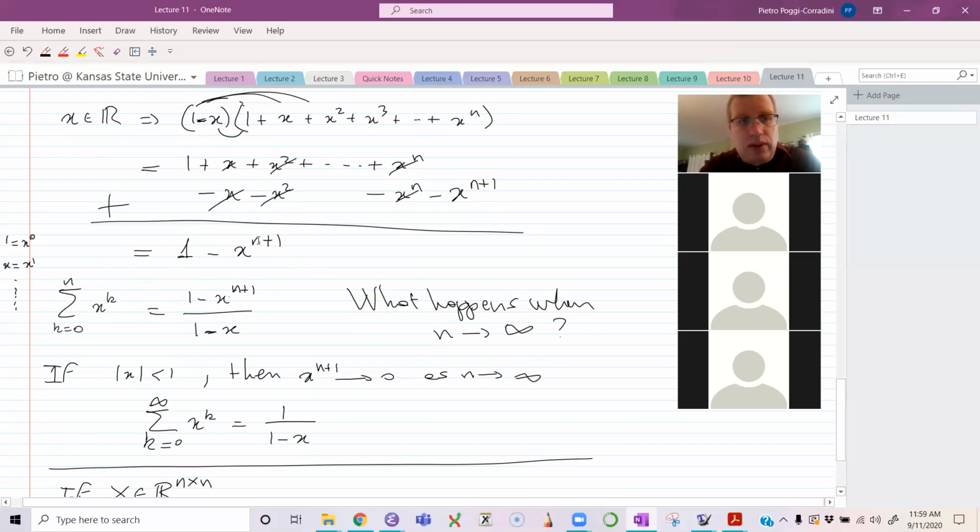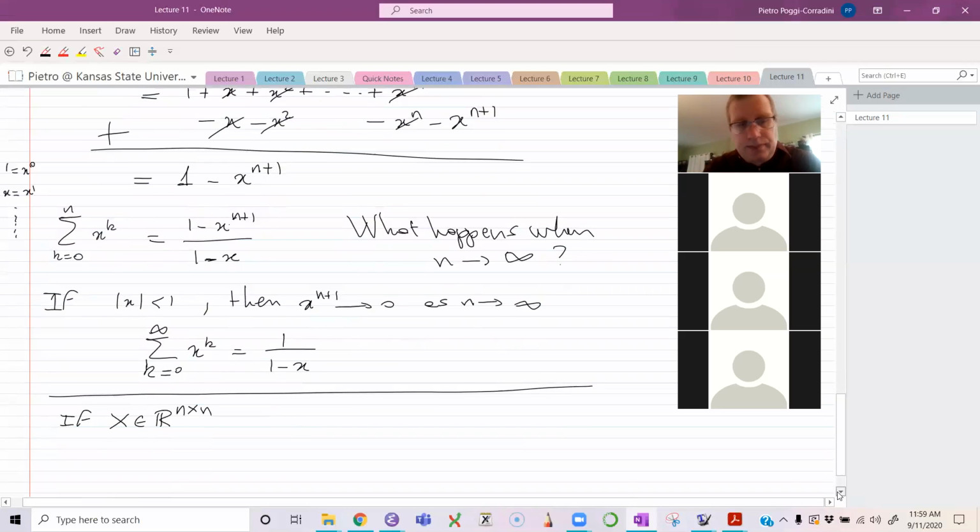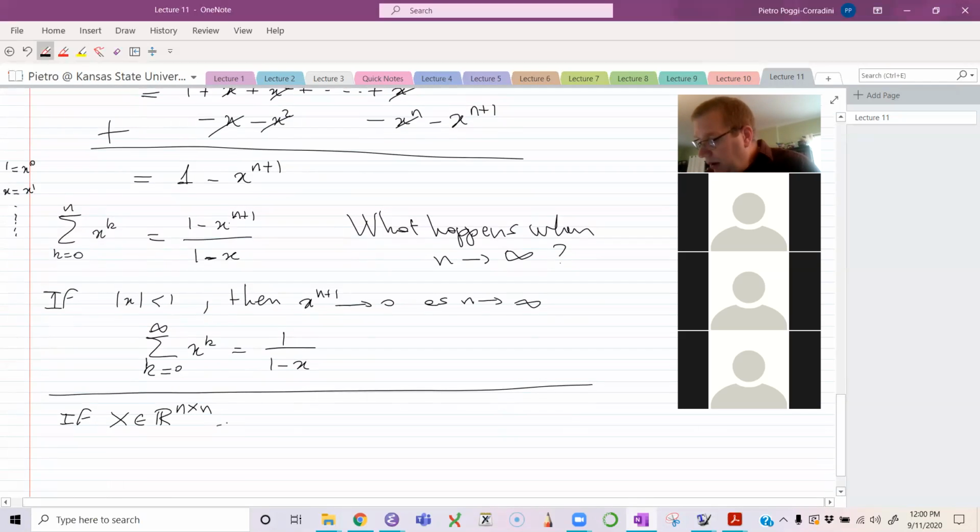So this is always true. So the same proof shows that if you take the identity minus X and you multiply it by the identity plus X plus X squared up to X to the N, you get identity minus X to the N plus 1.